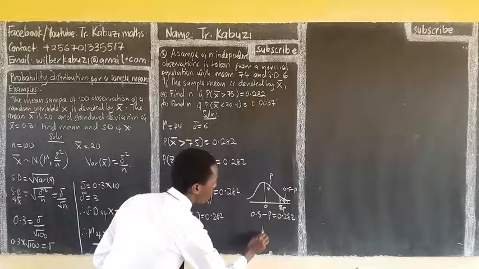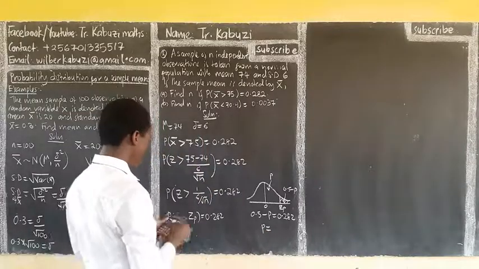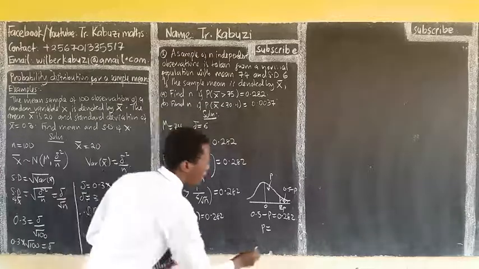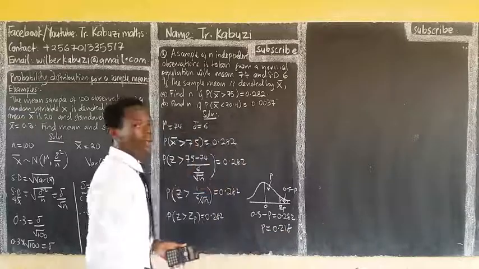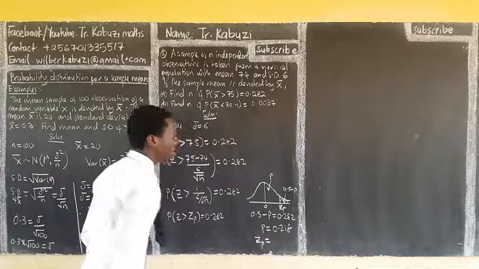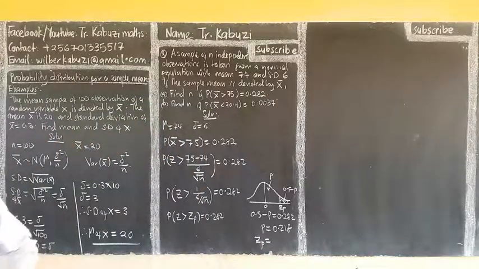From there, if you subtract, our p will be 0.5 minus 0.282, which gives 0.218. Now we have the probability, and we are looking for this value of z. We go to our tables and look for that value, and we are going to show you how I'm getting that.